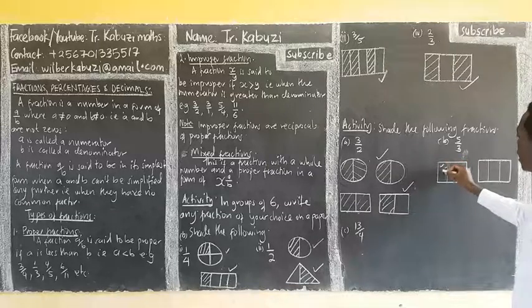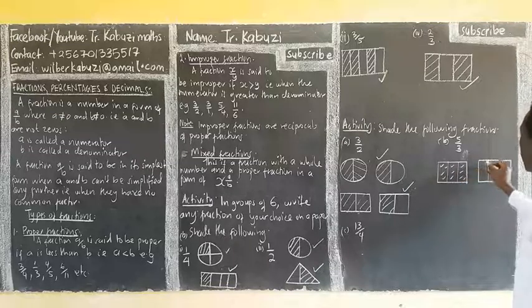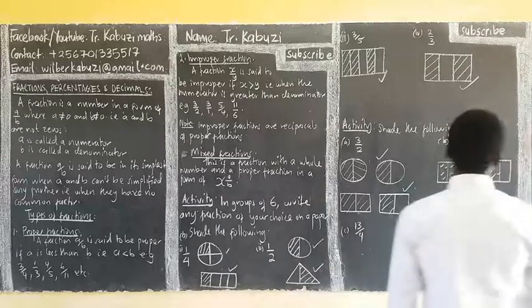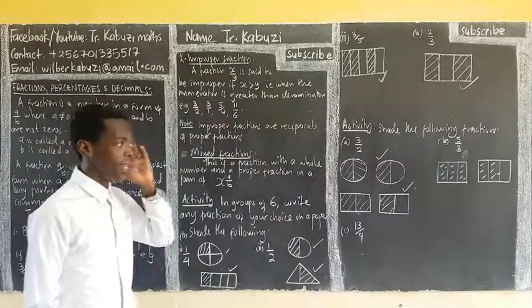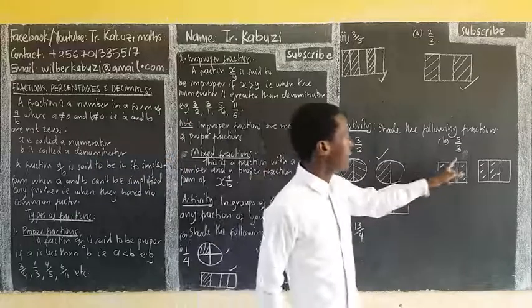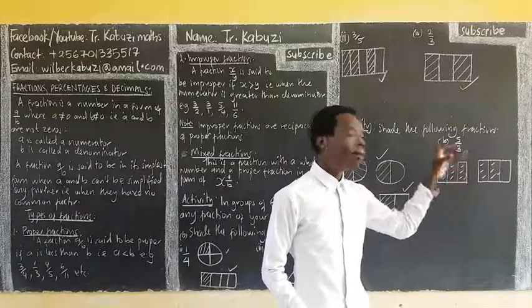You can even shade like this. This is 1, 2, 3, 4, then 5. And from there, you have shaded 5/3. Simple as that. So always the numerator is telling us what you are going to do.